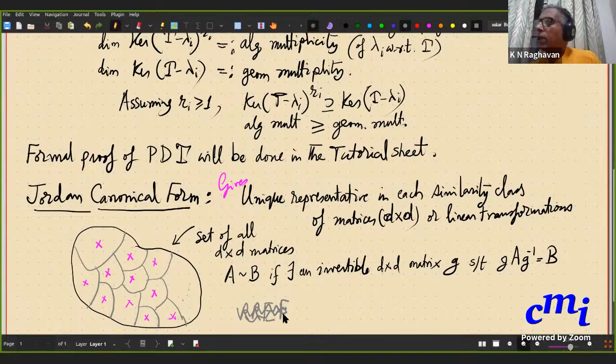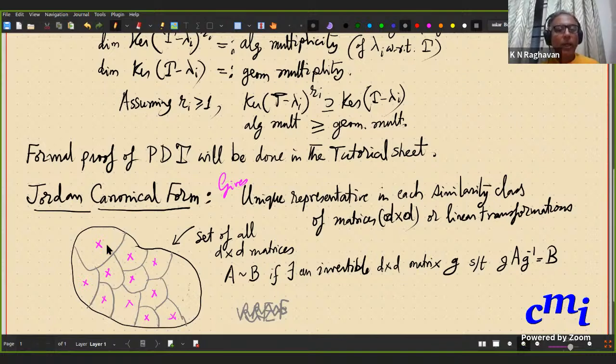But what you realize is that in order to completely understand this structure, you really need to know what the structure of a linear transformation is. And once you come down to that, the Jordan canonical form is telling you that there are exactly these many linear transformations.